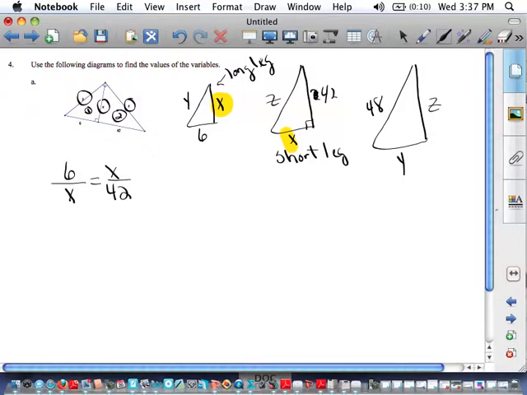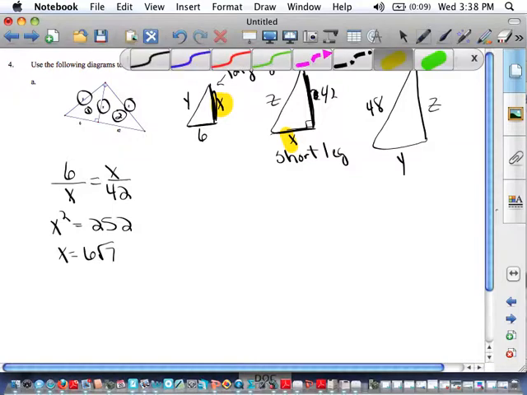You could also think of that as the short leg is to the short leg as the long leg is to the long leg. When you cross multiply, you're going to get x squared equals 252. So x is equal to 6 root 7.